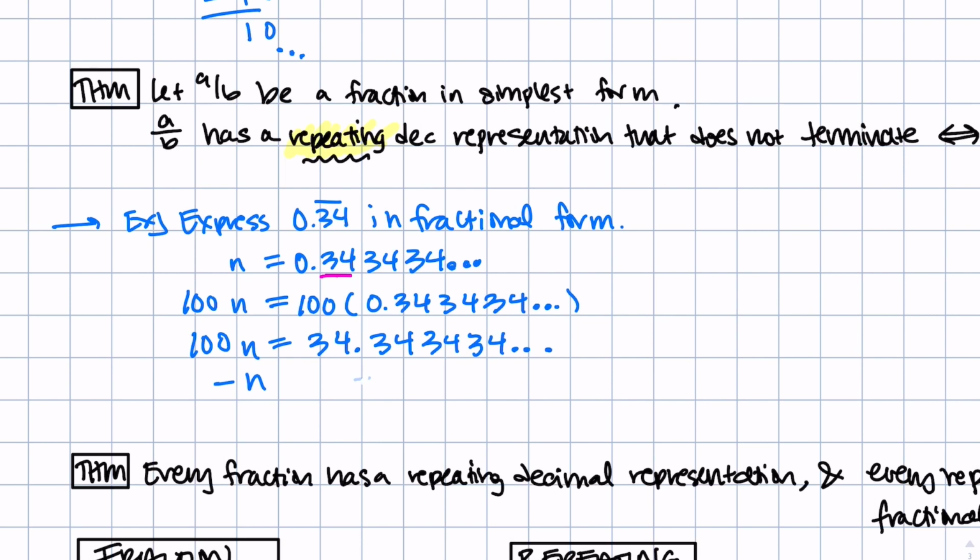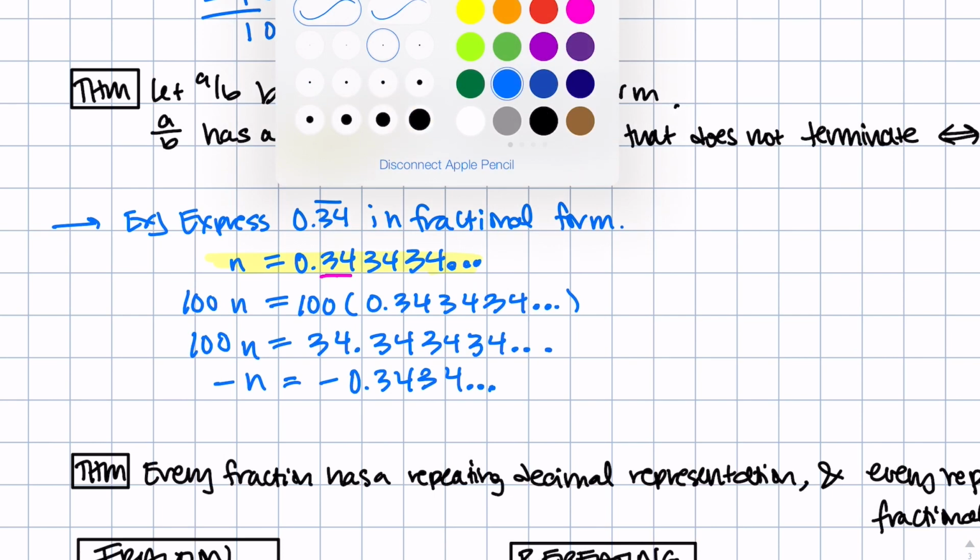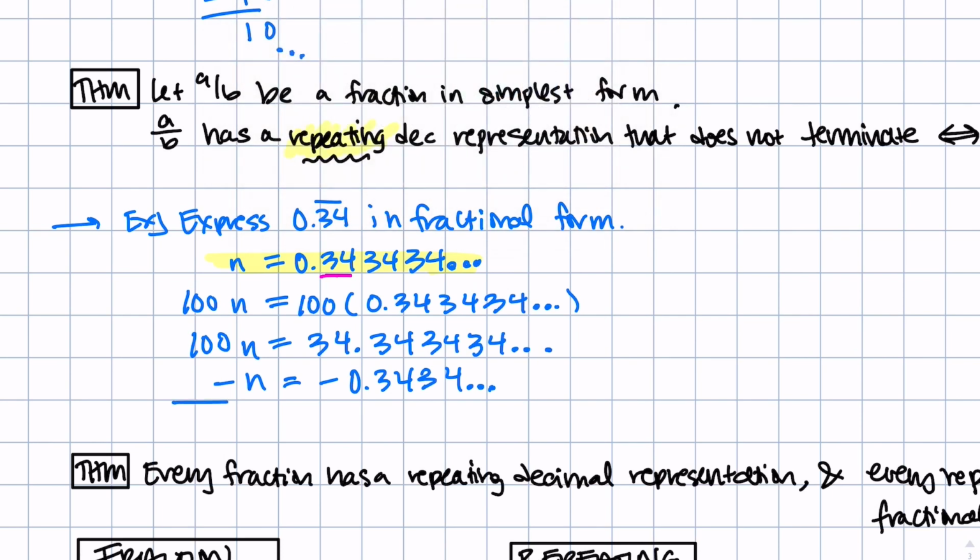So if I subtract n on the left, remember n is exactly the same thing as the repeating decimal, right? So I'm subtracting n, which means really I'm subtracting 0.3434, that repeating decimal piece. So on the left, I'm just left with 99n.